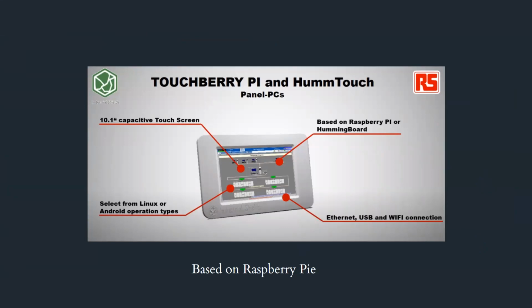The Raspberry Pi, as you know, is a very highly advanced microcontroller that is able to do high-end computations. So those kinds of processing units are able to give more useful information to the user interface.